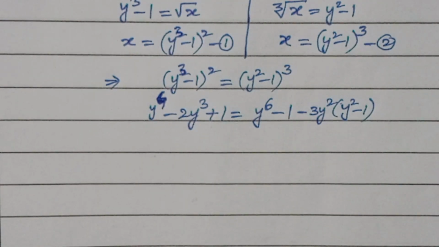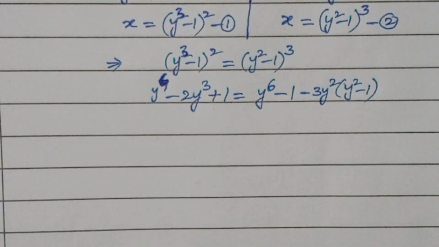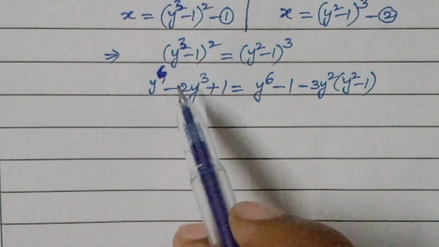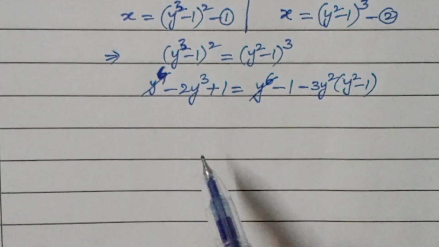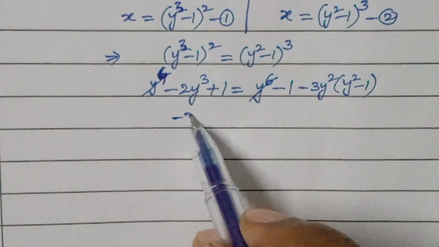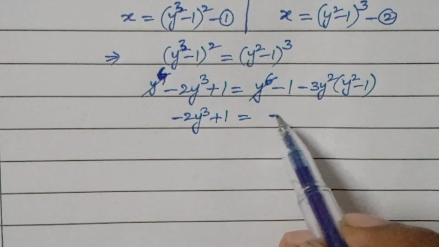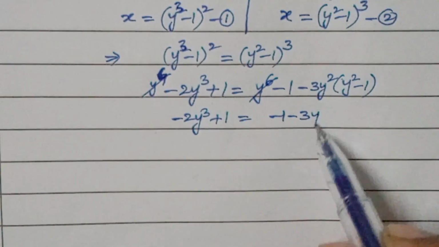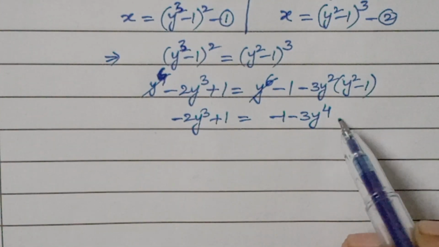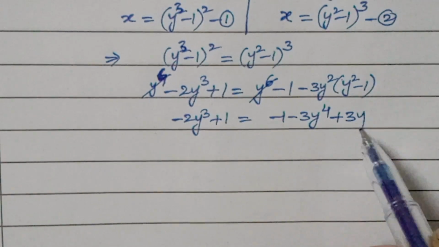You are using the a minus b whole cube formula here. Y power 6 gets cancelled here. Minus 2y cube plus 1 is equal to minus 1 minus 3y power 4 plus 3y square.